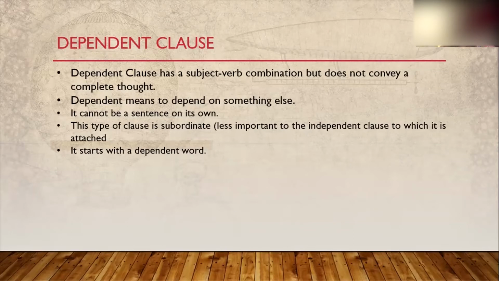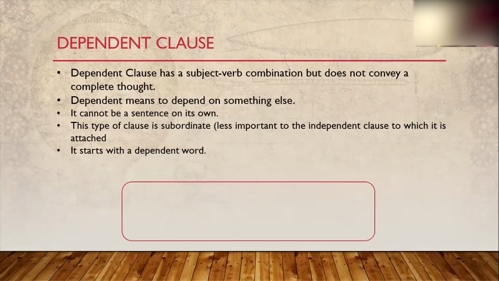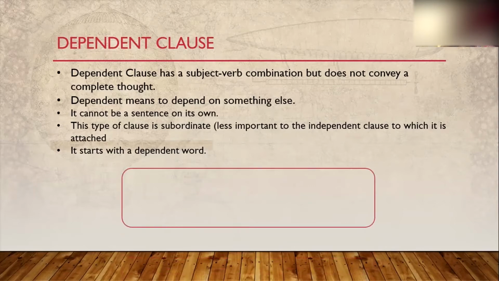Dependent means to depend on something else. It cannot be a sentence on its own. This type of clause is subordinate, which is less important to the independent clause to which it is attached. And it will always start with a dependent word, or we can say a subordinating conjunction.